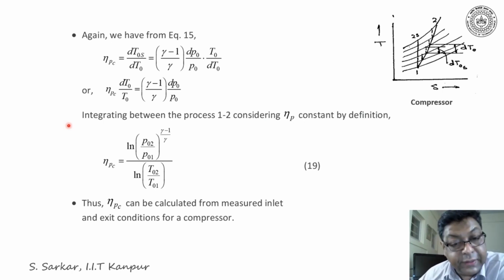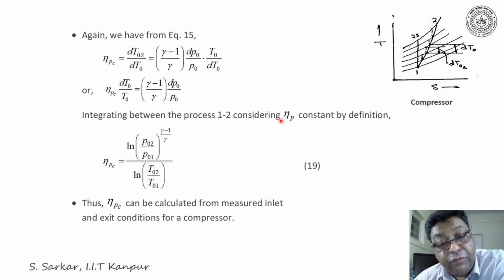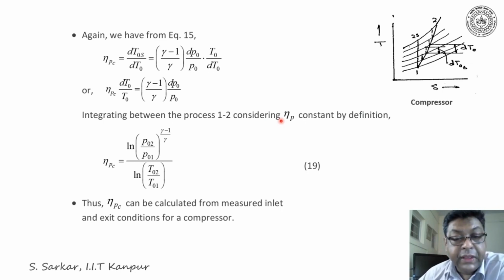Thus, we can write eta Pc is equal to ln (P02 by P01) to the power gamma minus 1 by gamma divided by ln (T02 by T01). Thus, for a measured pressure ratio or temperature ratio, I can evaluate the value of polytropic efficiency eta Pc.